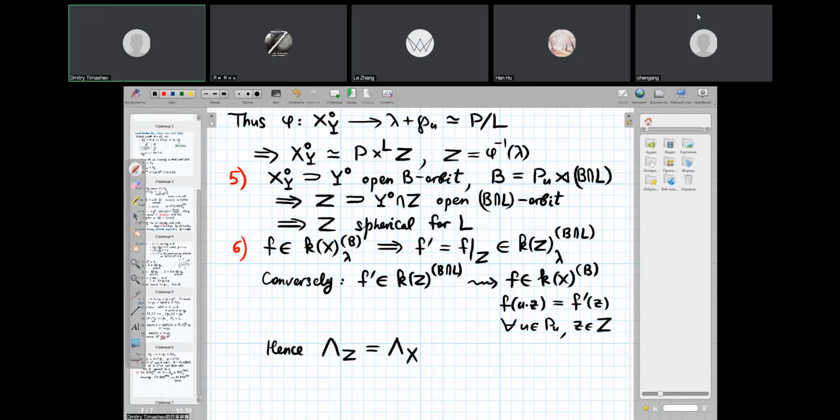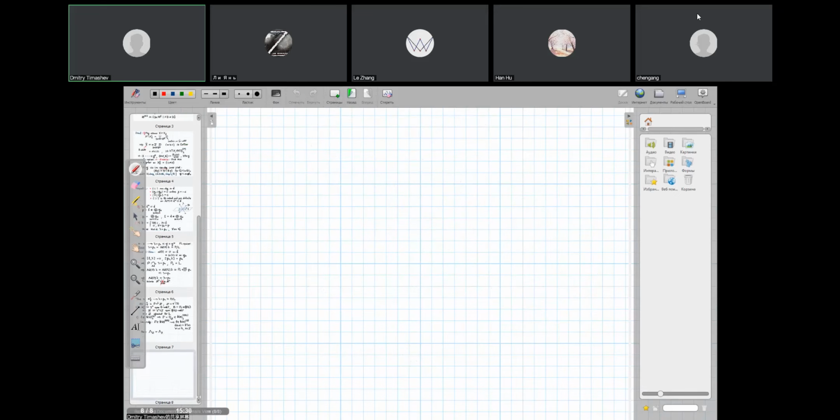So we have proved that the weight lattices are the same. Now let's turn to the colored data. So we are very close to the end of the proof, but we still have to say something. So let me turn to the next page, and this will be the 7th step, right?